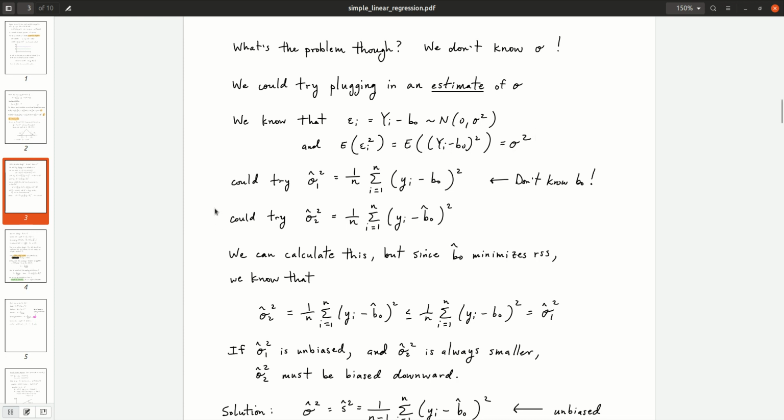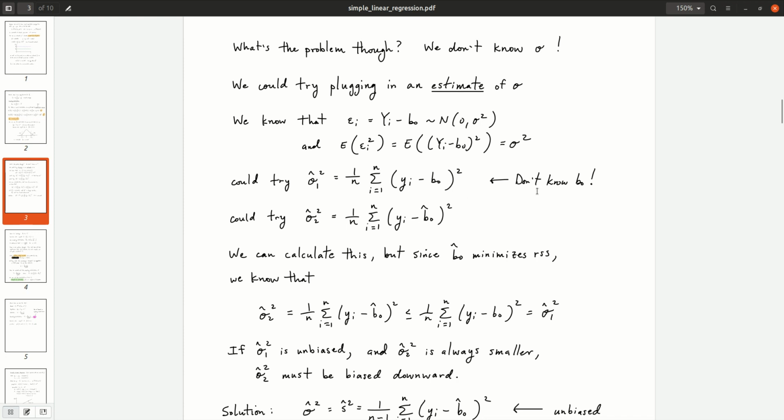So a reasonable thing to try is to just take the average of the data minus b0 squared and use that as the estimate for sigma squared. I'm going to give you a few candidate estimates for sigma squared. So I'm calling this one sigma 1 squared. What you do is you take the data minus the true value of the population mean, square it, and take the average.